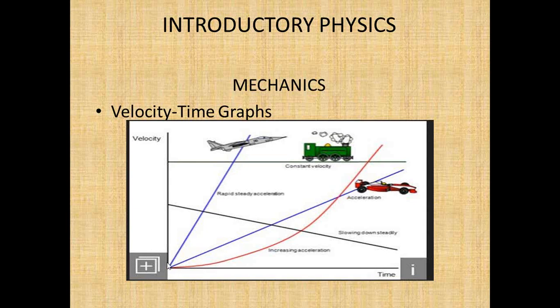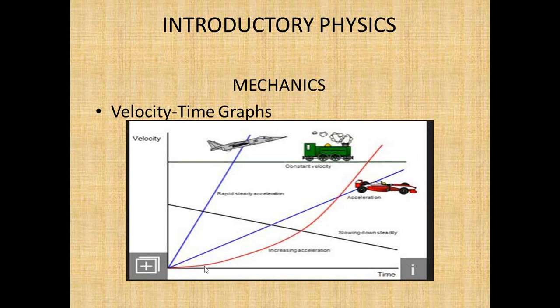And then if you have a curve like this, again, the slope of the velocity time graph tells you about the acceleration. So just look at the slope. The slope is not very great, and then it gradually increases. So this is increasing acceleration.